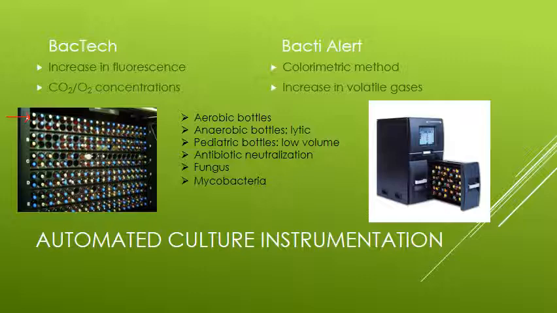What that means is that if you're looking at this entire unit down here, maybe just a few of them will flag positive. Maybe these ones will flag positive. And then you pull those, you take a gram stain, you see if there's any bacteria in them. What that means is you don't have to pull the rest of them. You let the machine follow the rest of them. Okay, so it really reduces the amount of work that we have to do.